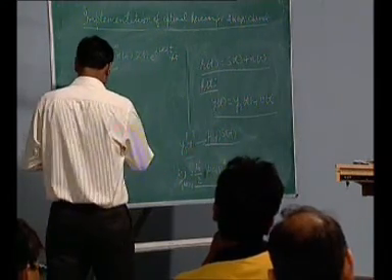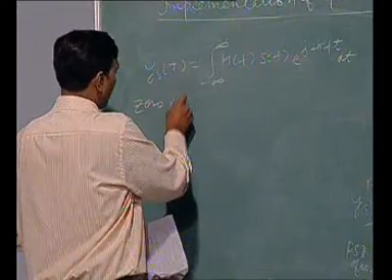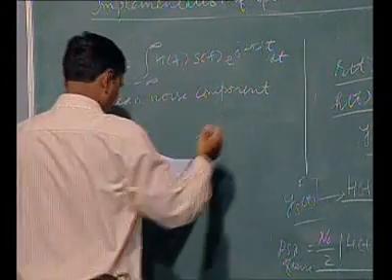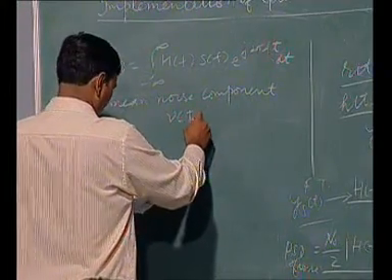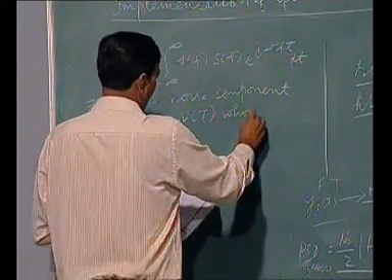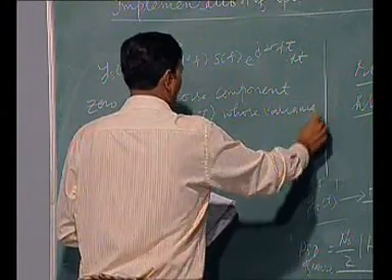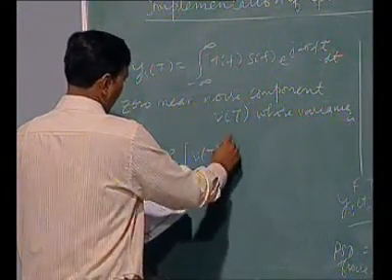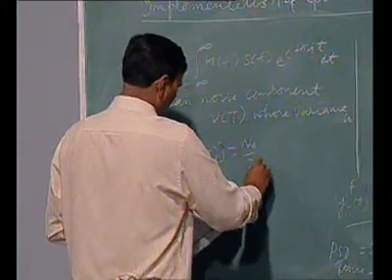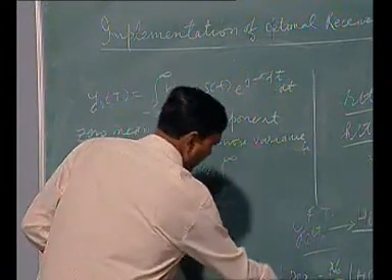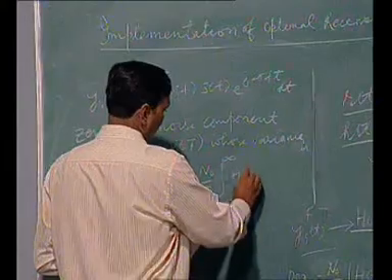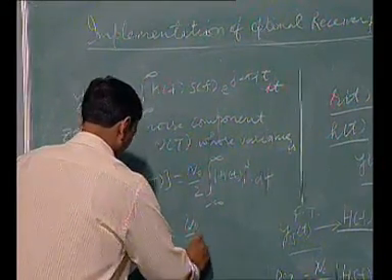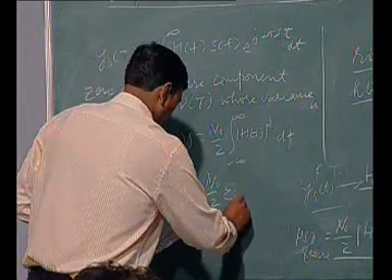Now for the zero mean noise component v(T), the variance is given by its power spectral density N0 by 2 times the integral of |H(f)| squared df, and finally we conclude with this one.